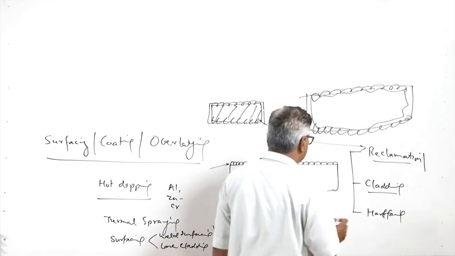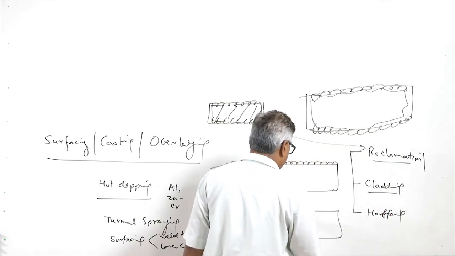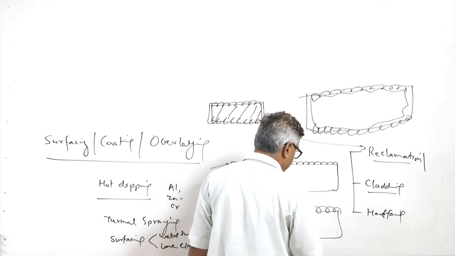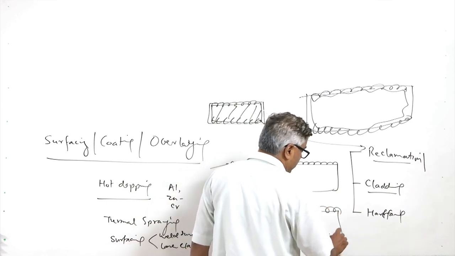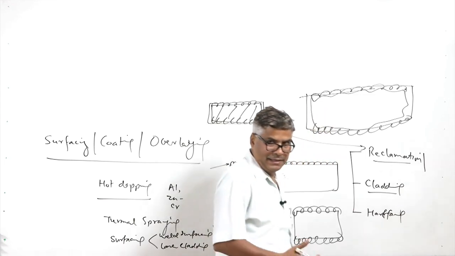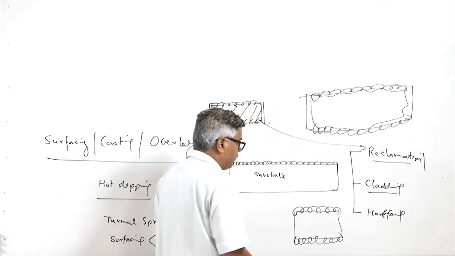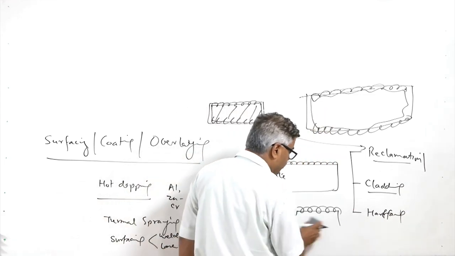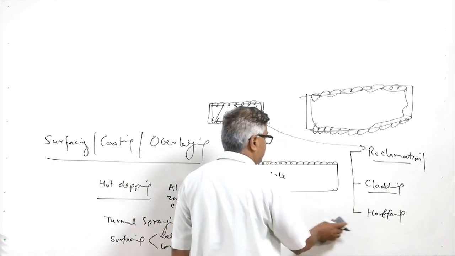Cladding is basically used for depositing a thick layer of corrosion resistant material so that the substrate can work for a longer period under corrosive environment conditions.